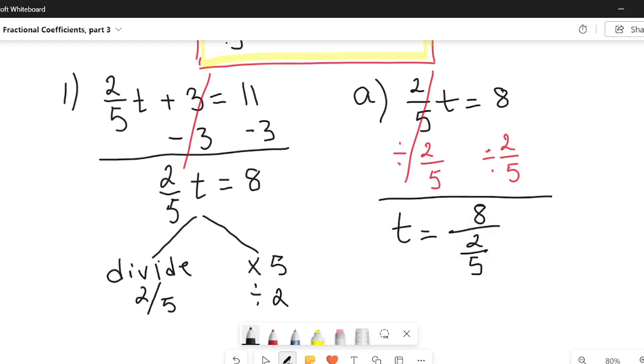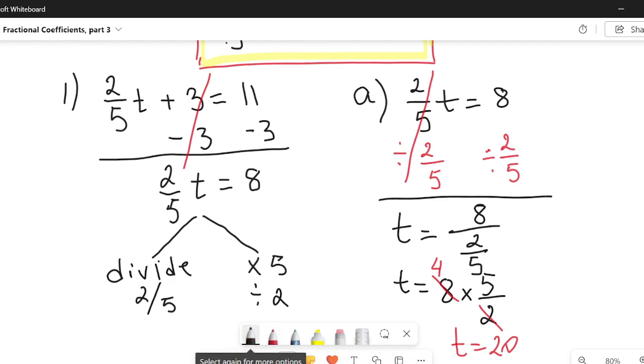Now we're going to use the rule for dividing a number by a fraction. So t will be 8 times the reciprocal of 2 over 5, which is 5 over 2. Then 8 divided by 2 is 4, so the answer here is t equals 20.